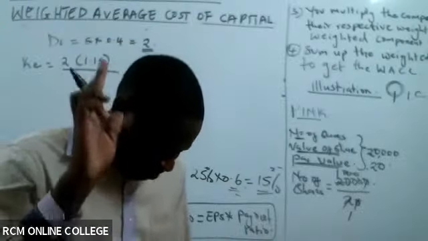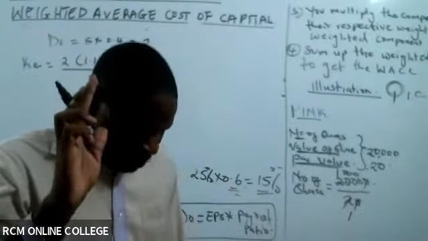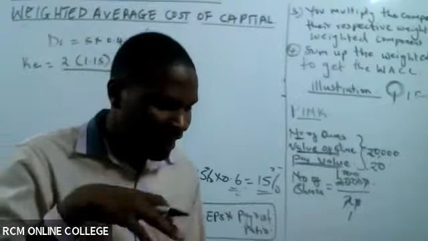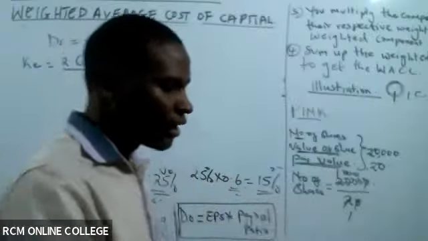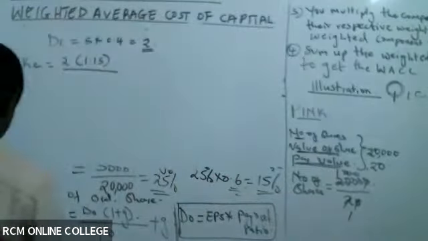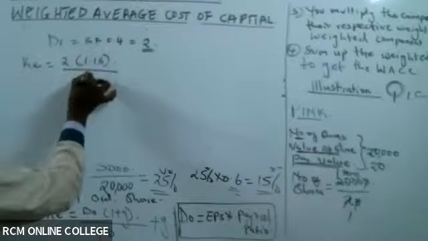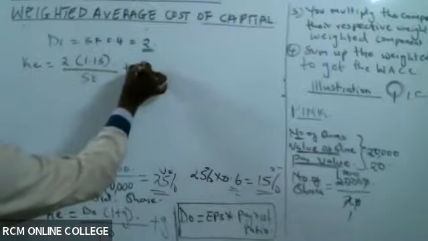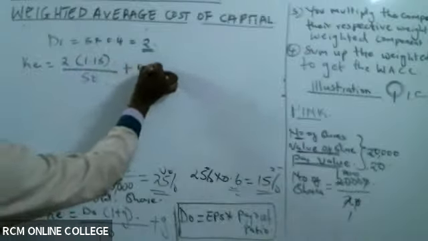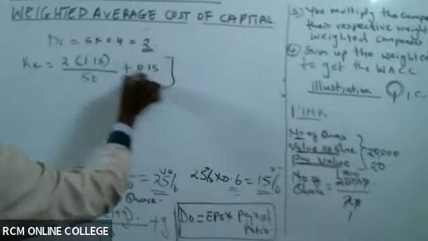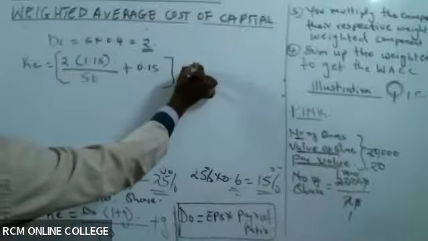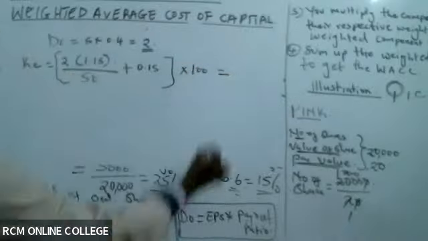Additional information number 3: ordinary shares of the company are currently selling at a market value of 50. So we put 50 plus our g of 0.15. Whatever you get there, you put it as a percentage, times 100.